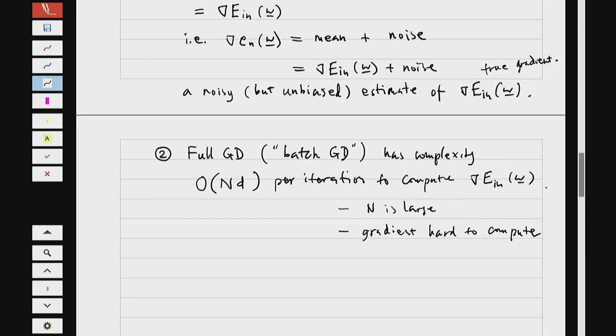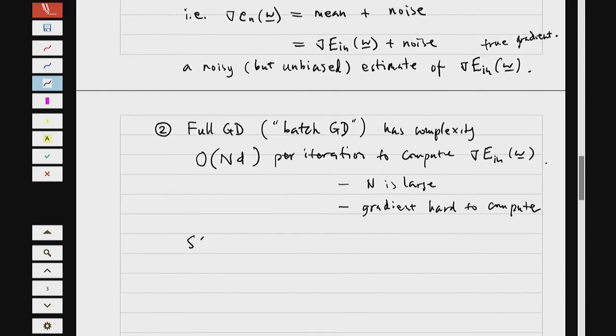In fact, one of the big reasons why we were not able to use neural networks for so long, even though people knew about them since the 1950s, is that we did not find a good way to calculate the gradient of neural networks. Not until the early 90s. We'll talk about that when we get there. So gradient calculation is hard in general, and so this is very computationally expensive, and that's why we want to use SGD.